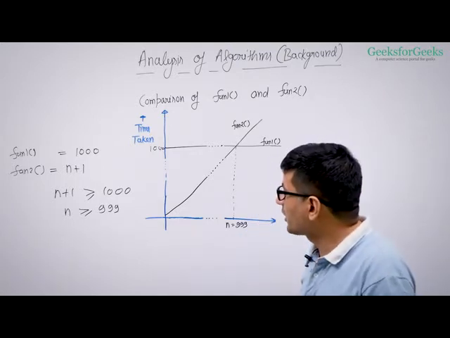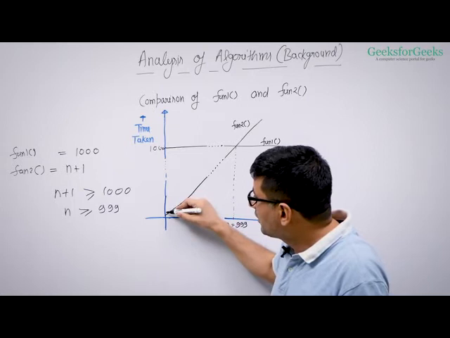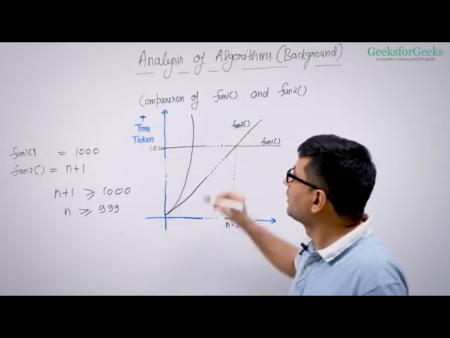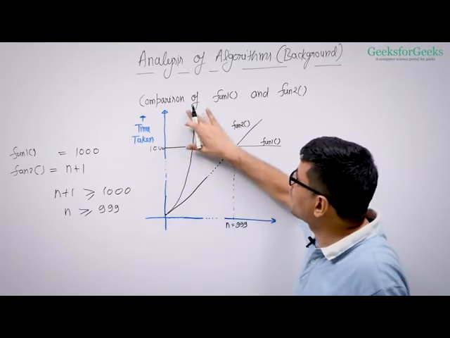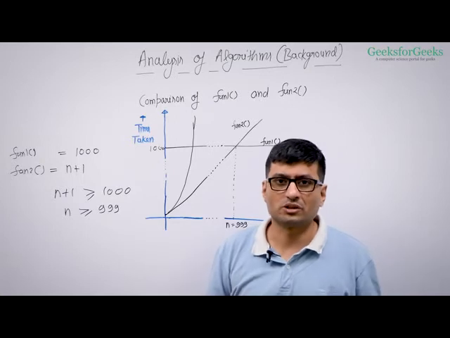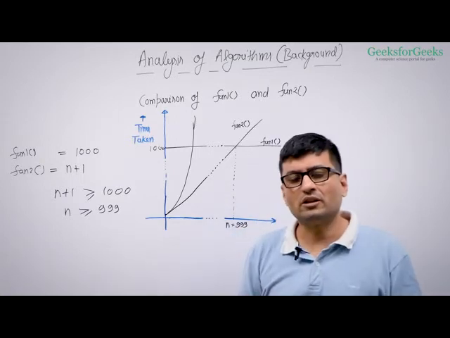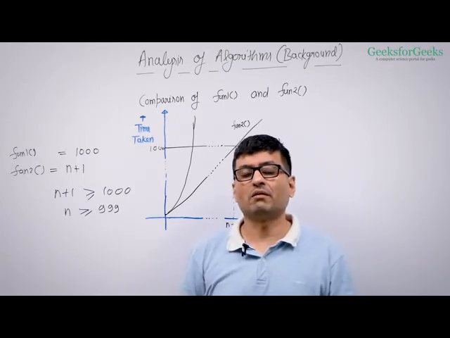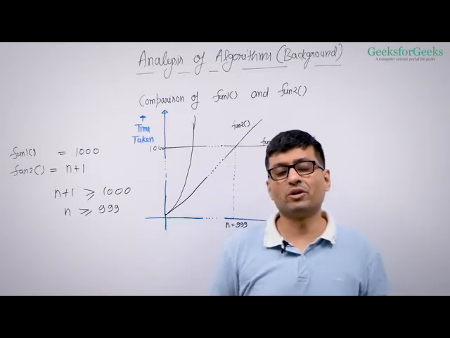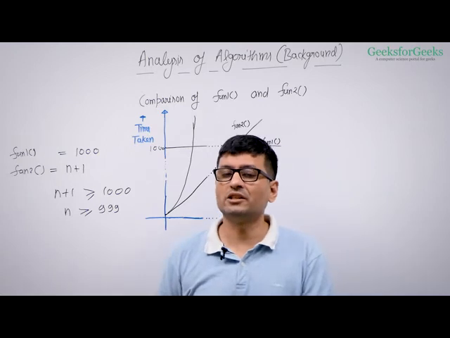Fun3 is a quadratic graph, right? So Fun3 is going to grow like this. It's going to grow much faster than Fun1 and Fun2, right? In terms of input size. The constants would matter, but when n tends to infinity, they can be ignored. And we are going to do this mathematical analysis in the next video.